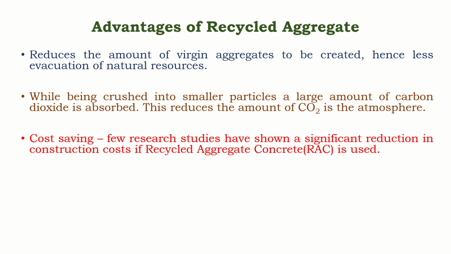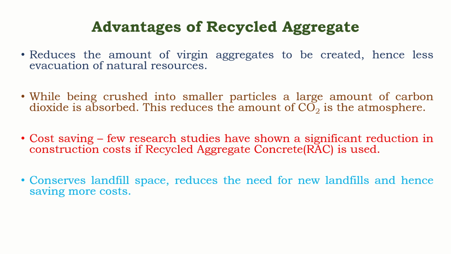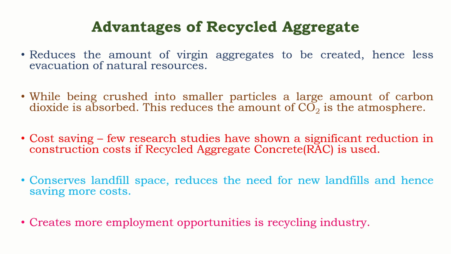Cost saving, because it's a reused one, so the cost will be very low. And one important thing is conservation of landfill, as I've told, simply dumping onto the land wastes the space of the land and the nutrition value of the land, and this is an alternative for that. It also creates more employment opportunities in the recycling industry.